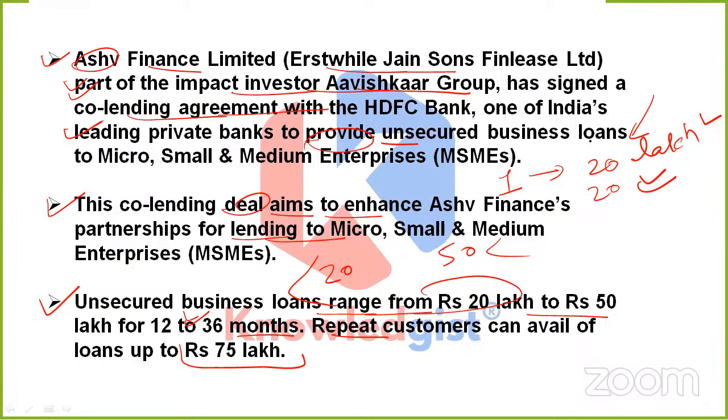As I have already taken 40 lakh, how much more money can I borrow from them? It is 35. I can have 35 lakh after that, why? Because all these three will make 75 lakh.